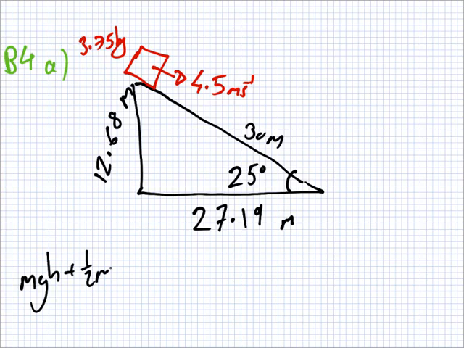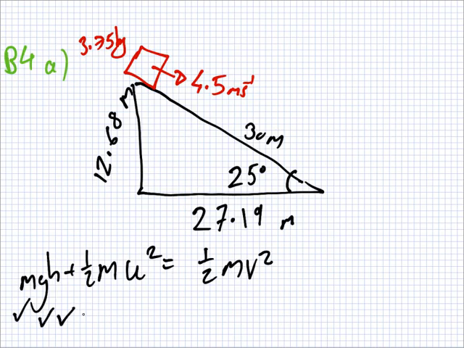And at the bottom, what energy does it have? Only kinetic. So, to recap, do we know the m? Yeah. g? Yeah. Height? Yeah. Half? Yeah. Mass? The initial speed? Yes. Half? Yeah. m? v? What do we want? v, yeah.